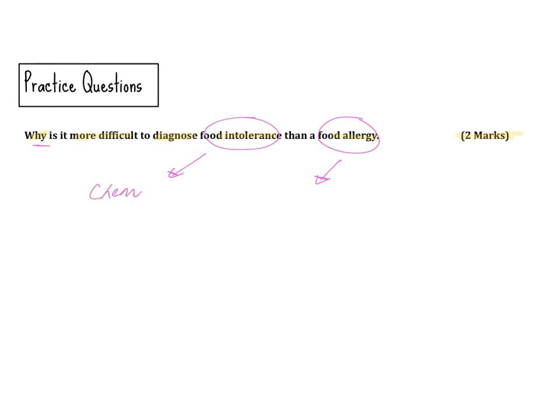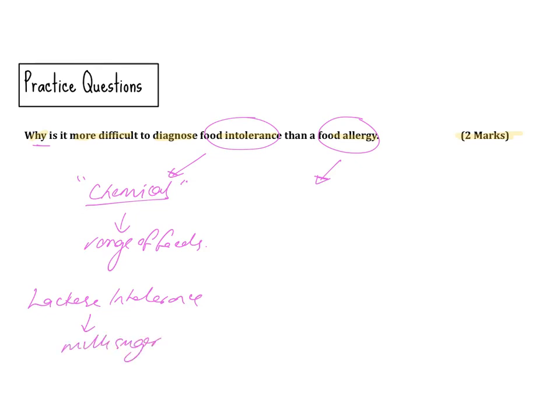And we know that when somebody has an intolerance, they're responding to a group of chemicals in food, and these chemicals are in a range of different food products. For example, if we look at lactose intolerance, lactose is a milk sugar, and it's not just found in milk, it's found in a range of other foods as well. So it's found in yogurt, cheeses, and ice cream.